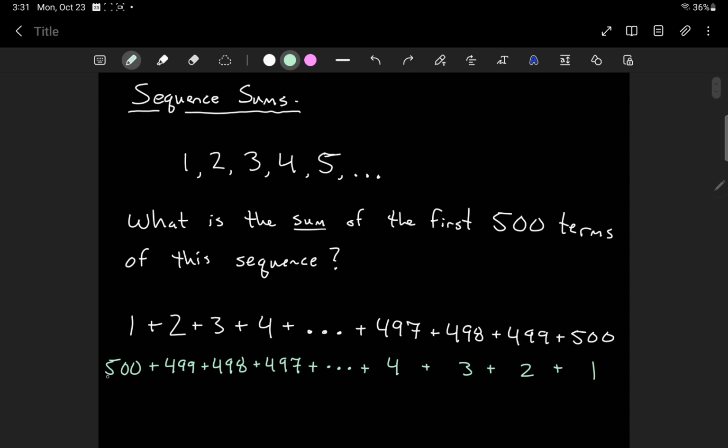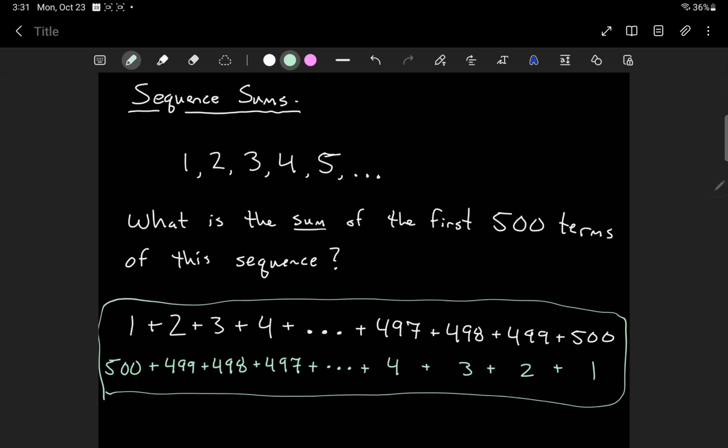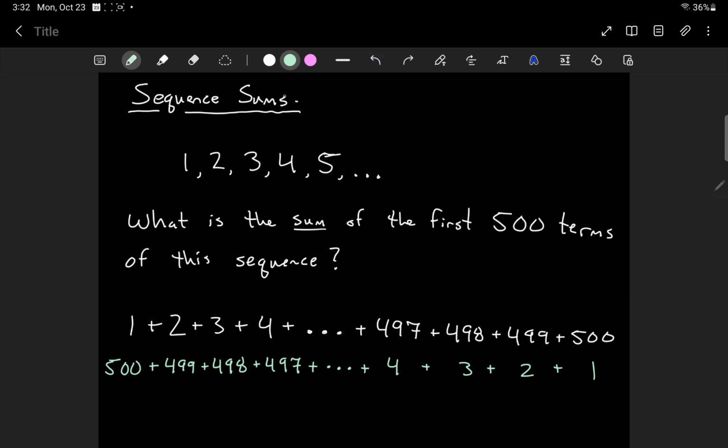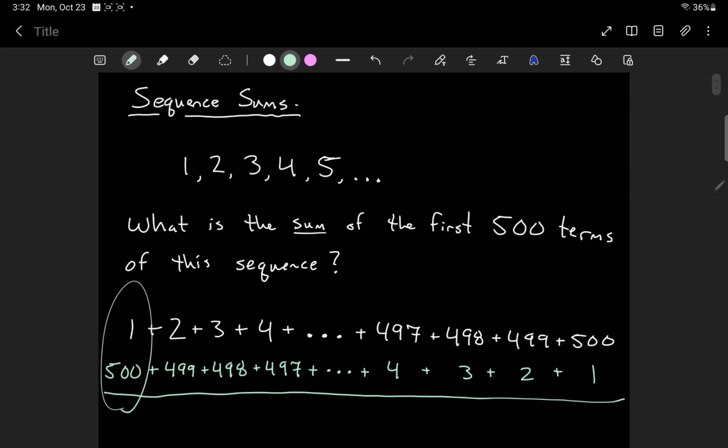So the idea is if I could figure out what the two of these are added together, and then I just divide that by 2, I should get just the first line there, right? The sum that we're looking for. So if I start trying to add these up, look at this first column here. That adds up to 501.